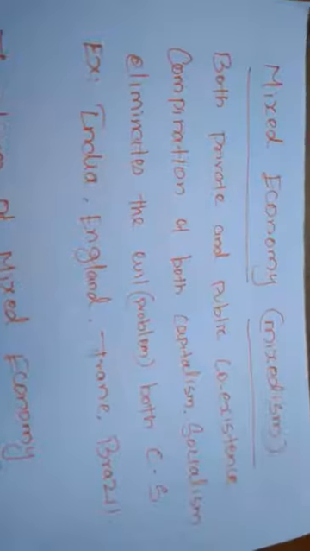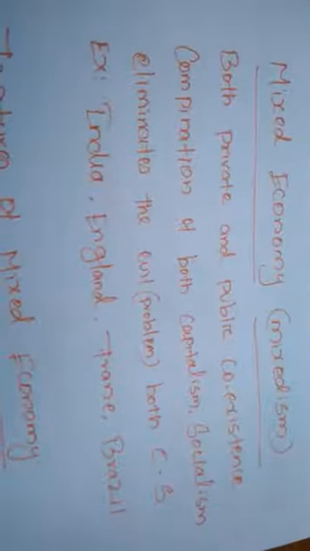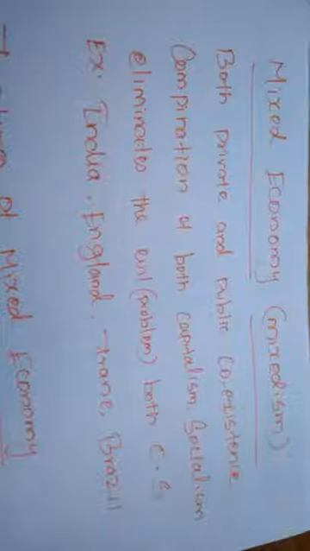Even though in this mixed economy so many rights are given by the government, the major economic activity will be regulated and controlled by the government only. But at the same time, the private sector also helps to improve economic activity.